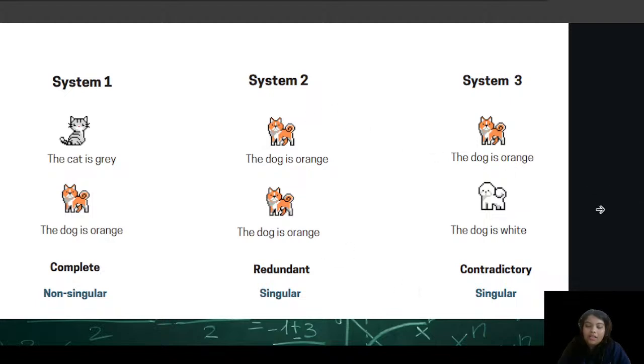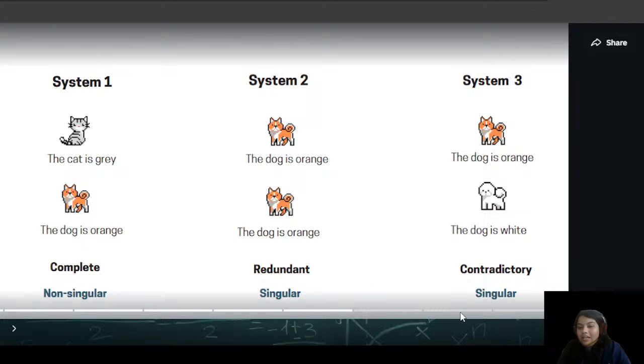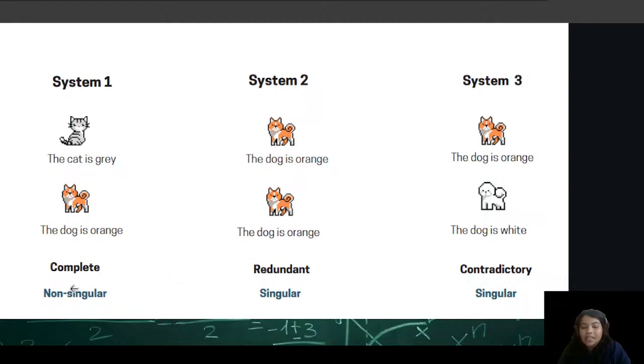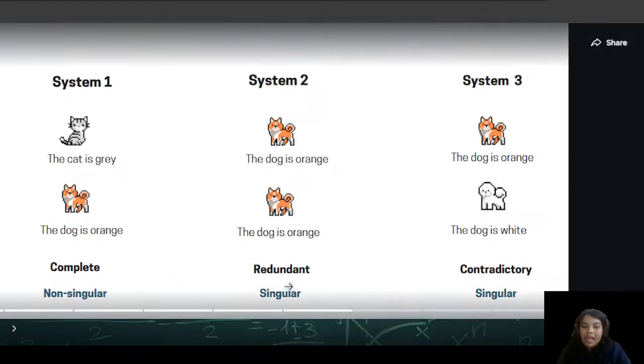We can also consider them an equation, but understanding the basic information, like how a system becomes complete and redundant, how it can be contradictory, and why we say non-singular and singular, is very necessary to know.